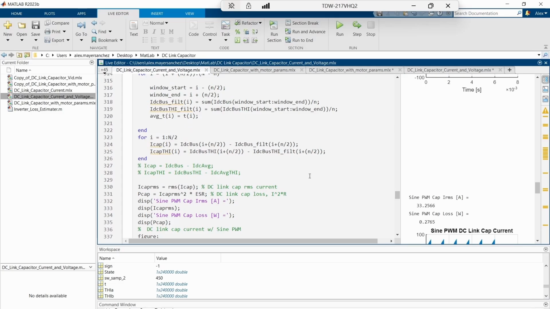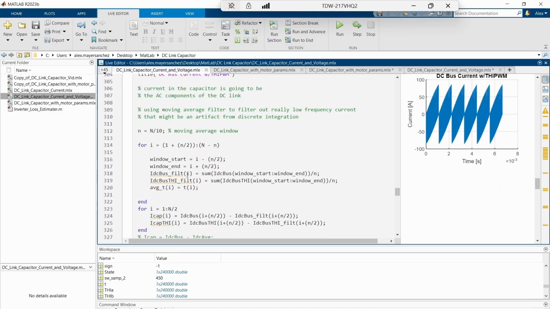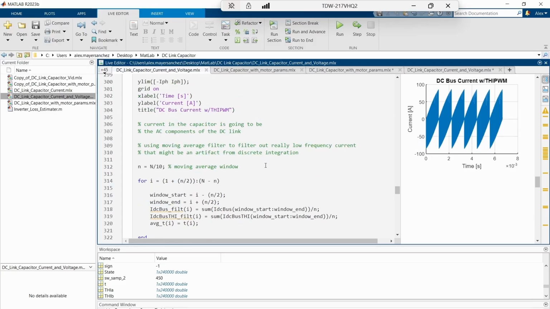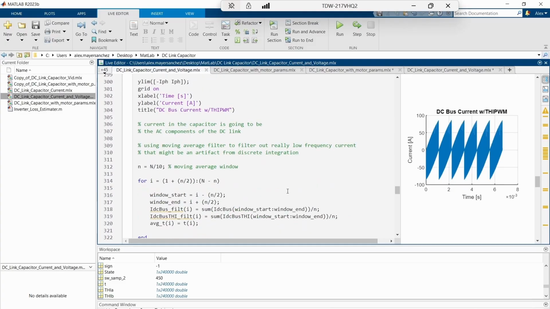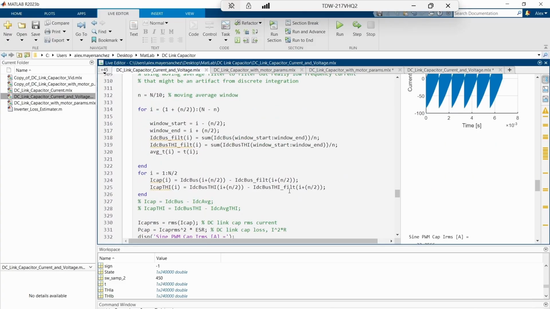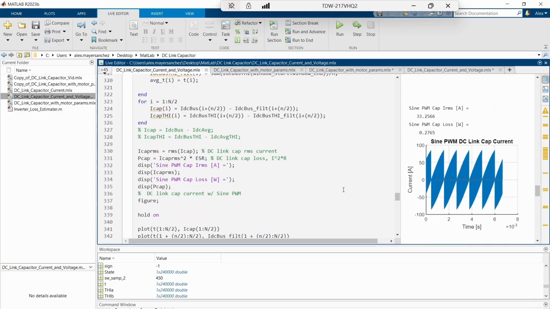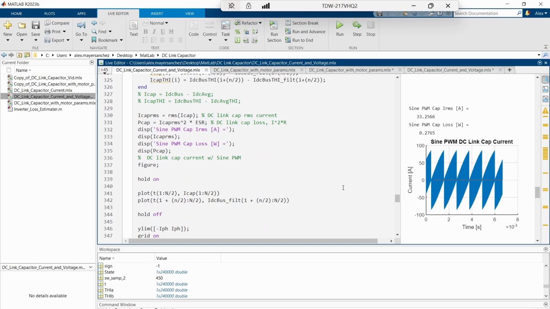So the AC component is equal to the total current minus the DC component. The way I'm doing that in this script is I'm not actually subtracting out just the DC component. I'm using an averaging window of the current in, just in case there's any variation over time of some really low frequency component, so that we don't get any errors as we integrate later. We'll see.